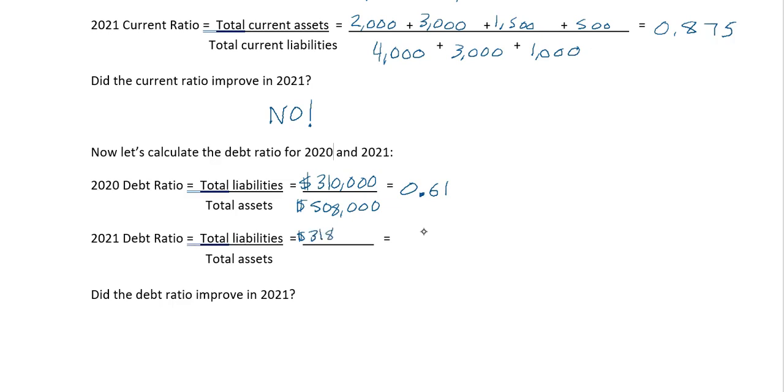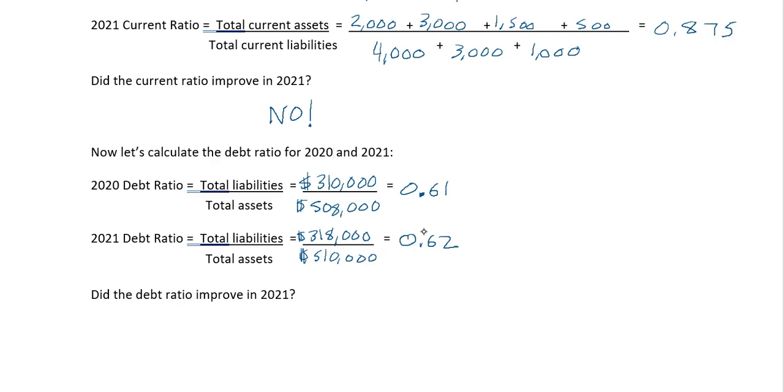Our liabilities went up and our assets also went up. And now we get a ratio of 0.62.